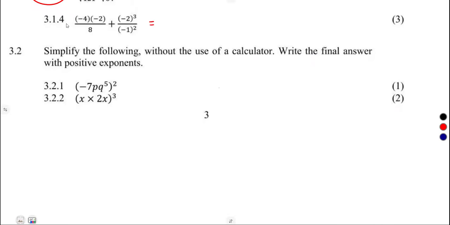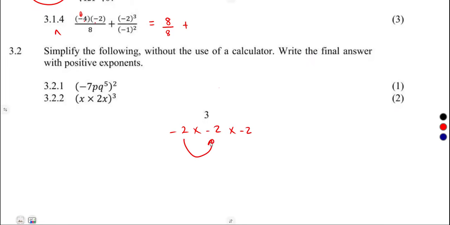Let us simplify 3.14. Negative 4 times negative 2, negative times negative gives us a positive. So that was 8 over 8. 4 times 2 is 8, a positive. So that is it. Plus minus 2 to the exponent of 3. Minus 2 times minus 2 times minus 2.